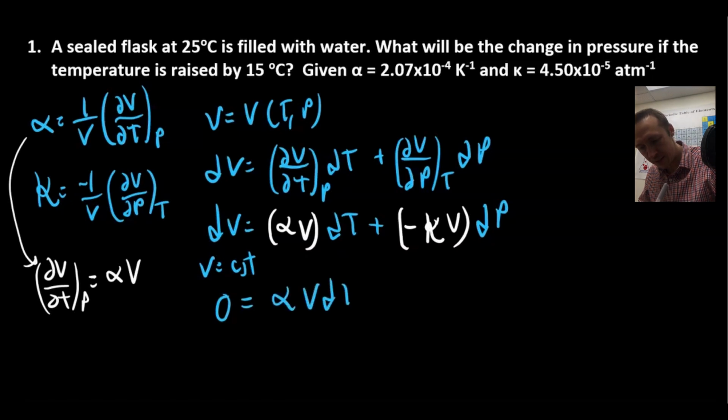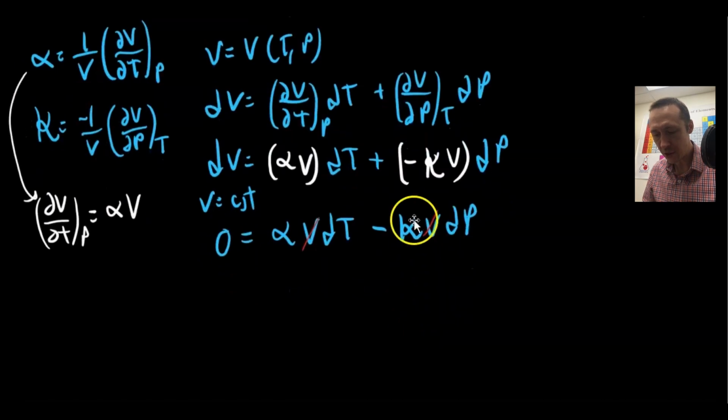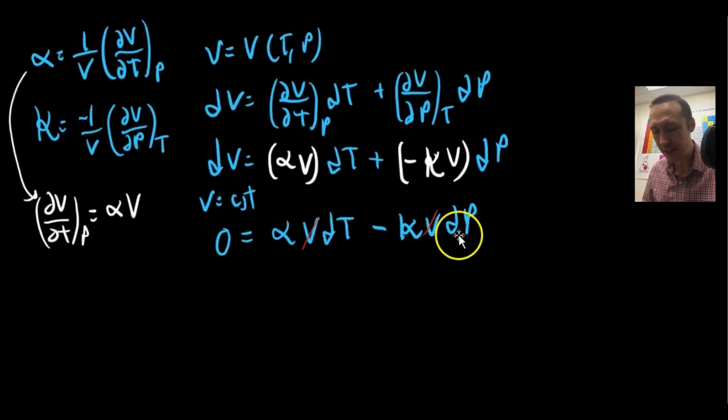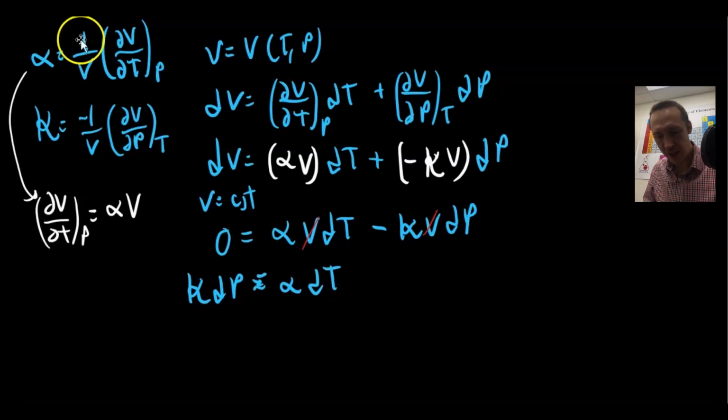And we can plug the rest in here: alpha V dT minus kappa V dP. We can cancel the V's out because we just divide everything by V. If we move the kappa dP term to the other side to make it positive, we get kappa dP equals alpha dT, and this is under constant volume.